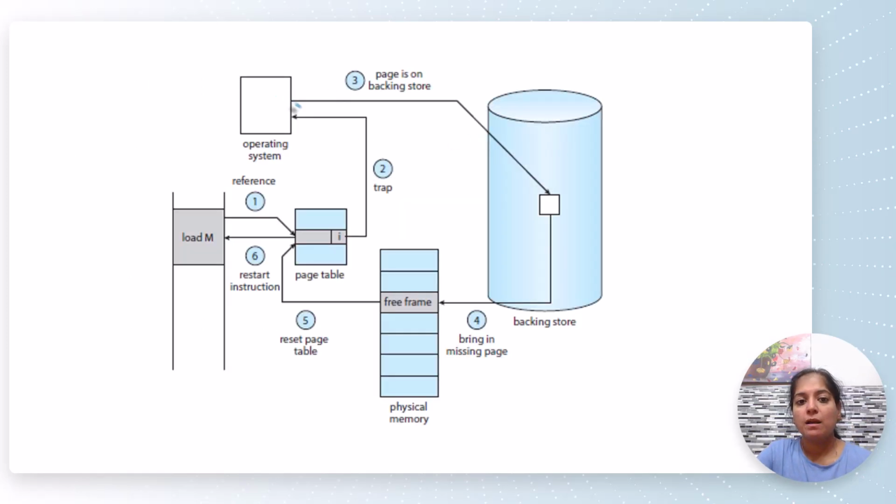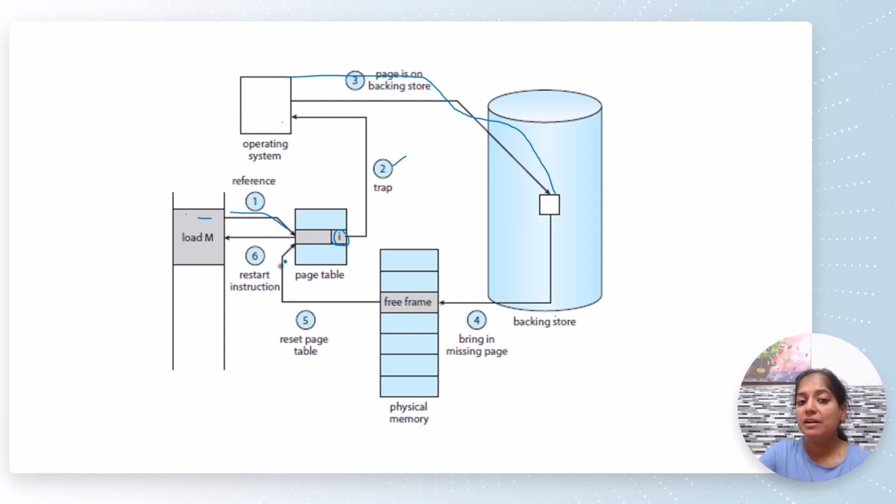So look, what happens? Load M, a reference is generated. We find an invalid bit, which is this I. So it will send a trap to the operating system. The operating system will read that page from the backing store, that is the secondary device, and bring that page into physical memory.